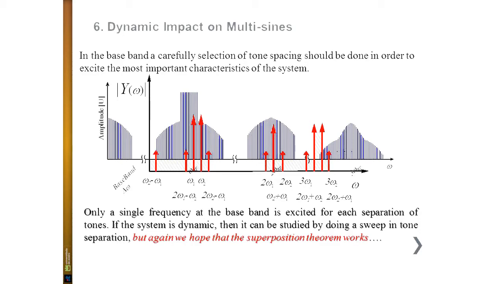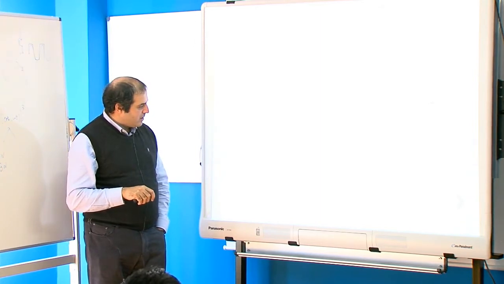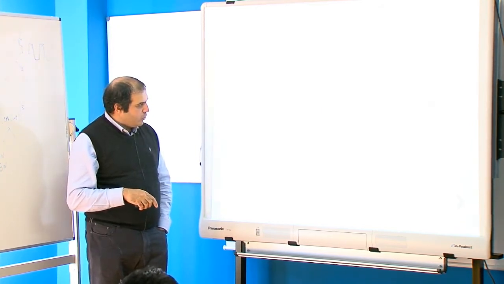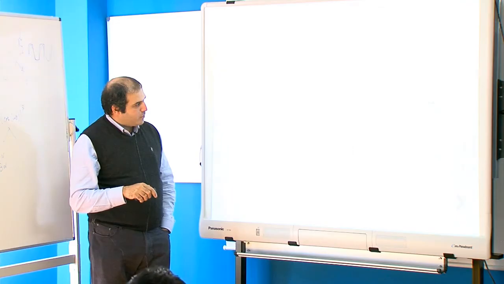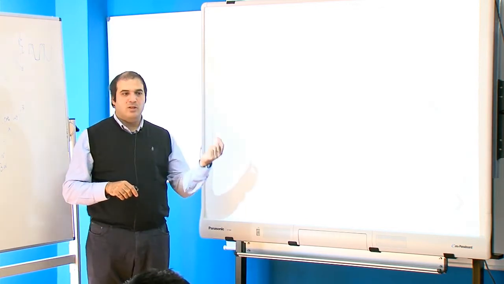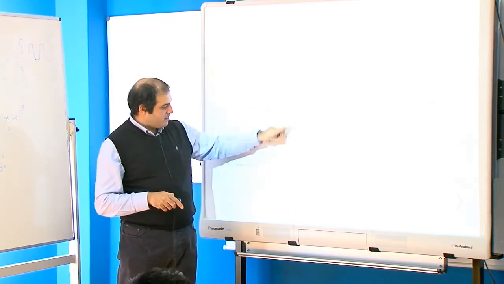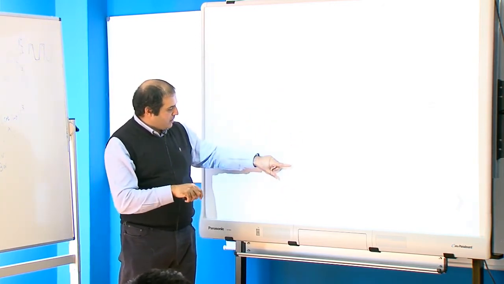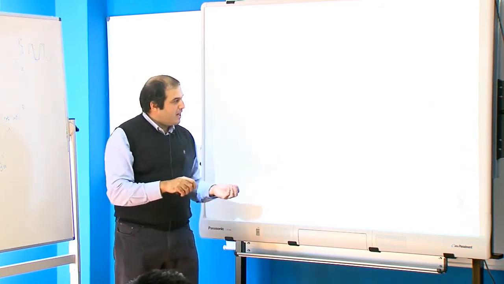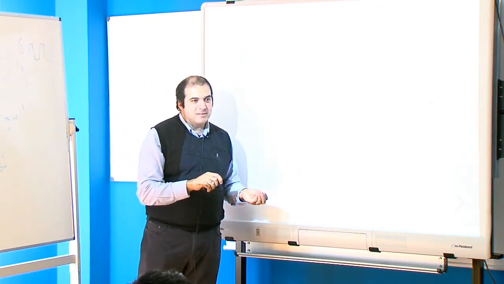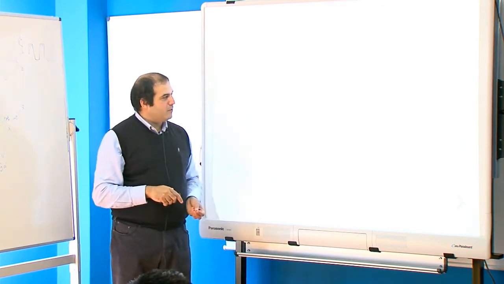This tone here is created by this mixing product, and this mixing product will generate a video bandwidth at delta omega, which is the separation between these two tones. If I look at this component, despite it falling on the same position, it's another mixing product, exciting a second value there. Then the third value, the fourth value, and so on.